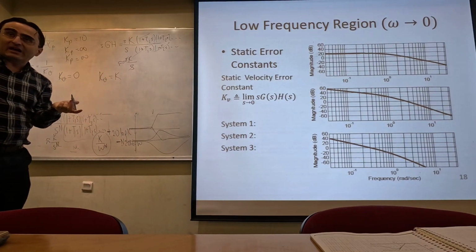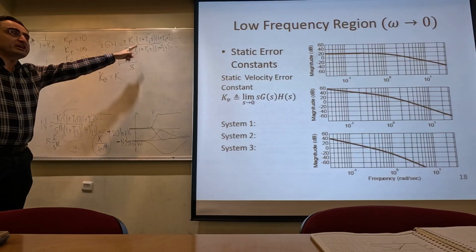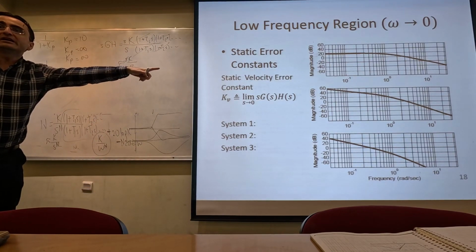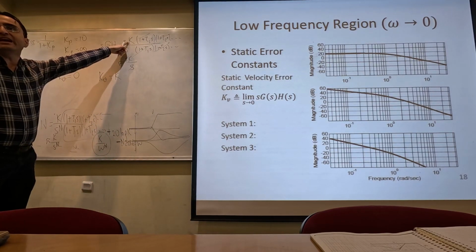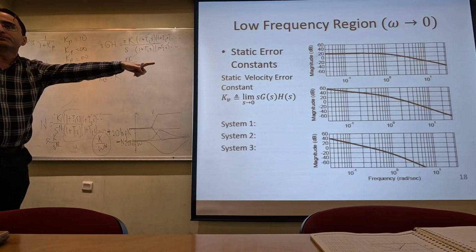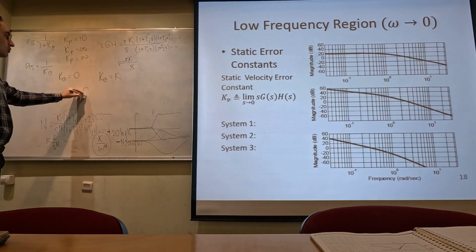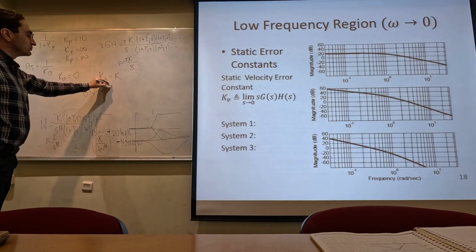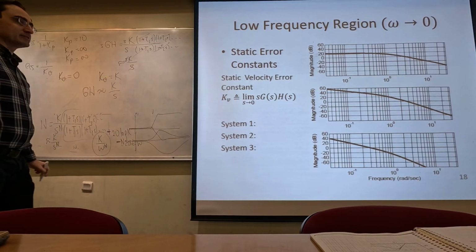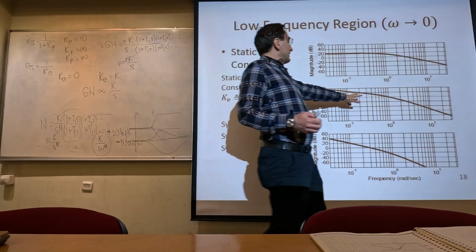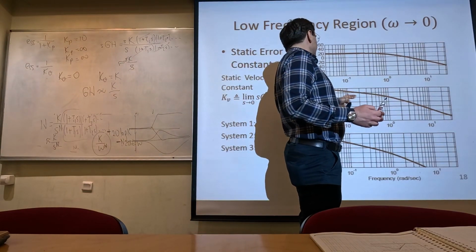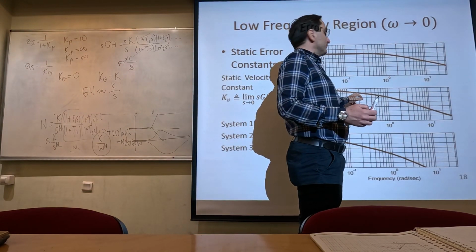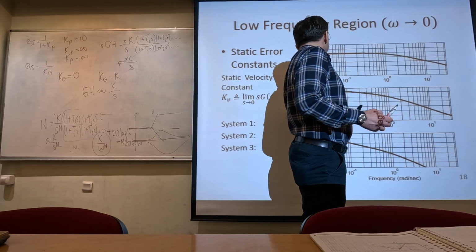So the thing that I have to do is to read the internal gain K of the system from that Bode plot. For that, I'm going to concentrate on the low frequencies. This is K over s. So I'm going to concentrate on a low frequency here, where there is some known intersection with one of the lines.